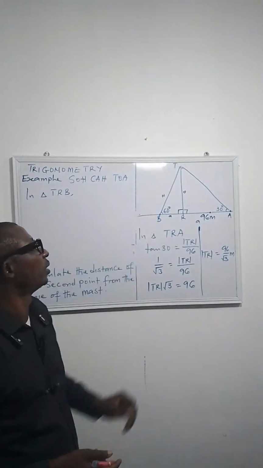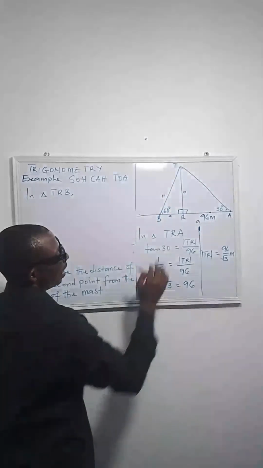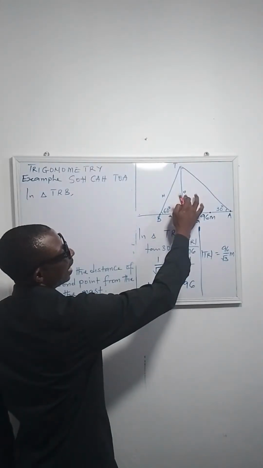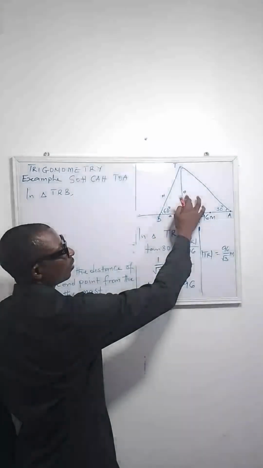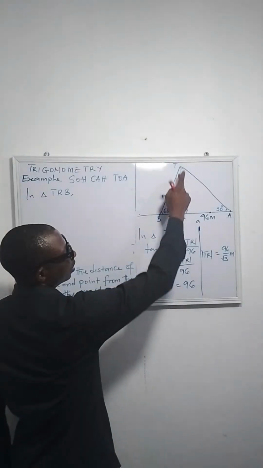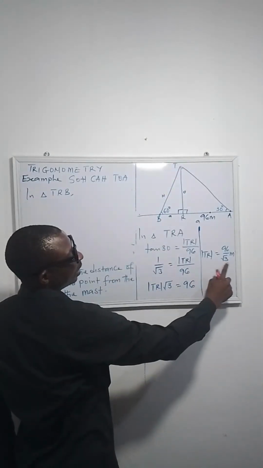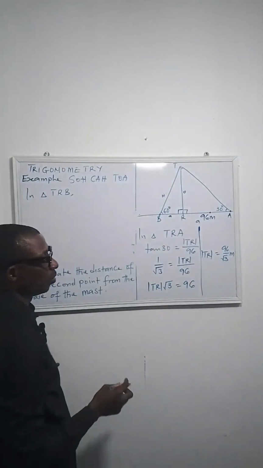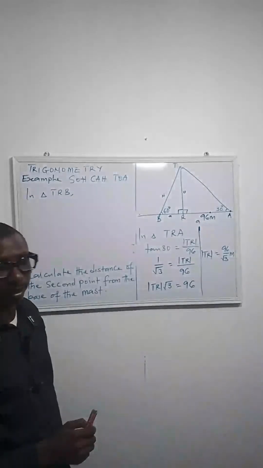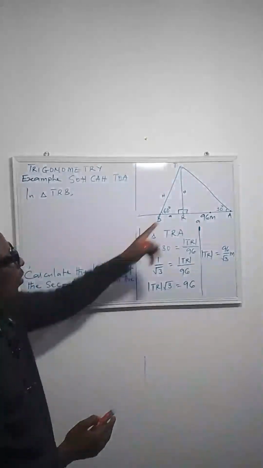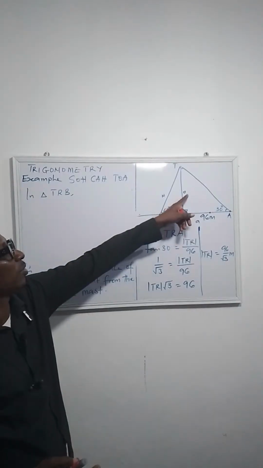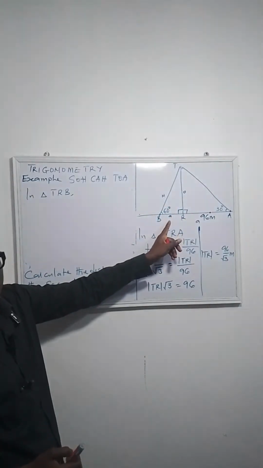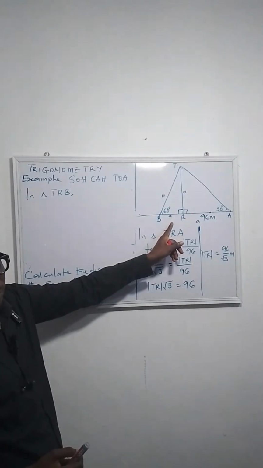Now I need to get this, but I have this here. I've gotten the opposite, which is TR. We have TR to be 96 over square root of 3. So now let's connect opposite and adjacent. What trig function are we going to use? That's going to be tan.